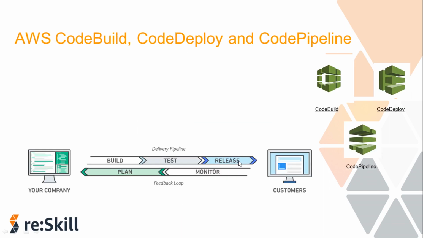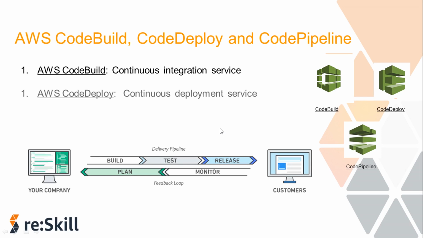So AWS CodeBuild, CodeDeploy, and CodePipeline, these are the new things that we are learning here. AWS CodeBuild is a continuous integration service that compiles the source code, runs tests, and produces software packages that are ready to deploy.